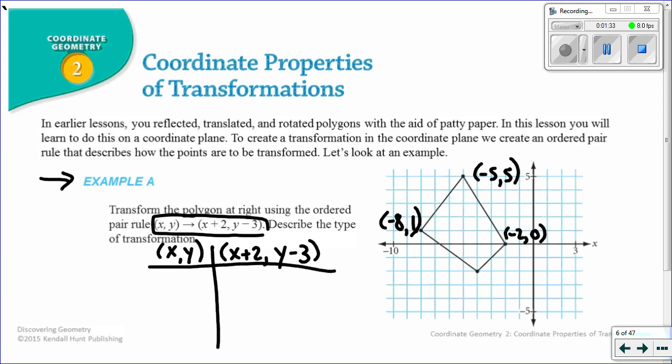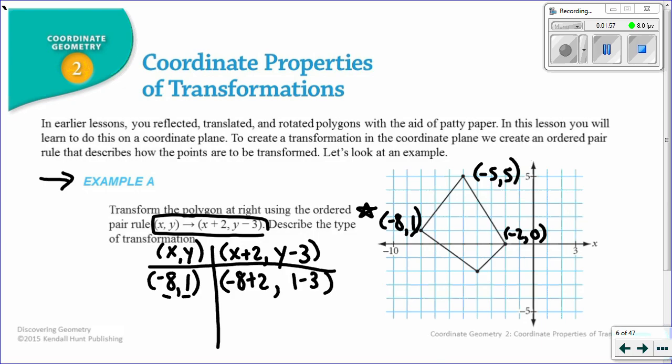So if my initial ordered pair, I'm going to start with this one, is negative 8, 1. It looks like I skipped an ordered pair. We'll get to that one. So if I have negative 8, 1, now over here, I want to do x, which is negative 8, plus 2. And I want to do y, which is 1, minus 3. That's going to be my new ordered pair.